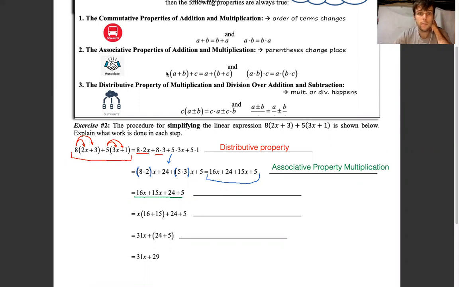So we have the commutative property. Let's go ahead and put that down there. Commutative. And this was technically of addition because we were adding these terms together and we changed the order of the addition. So commutative property of addition.